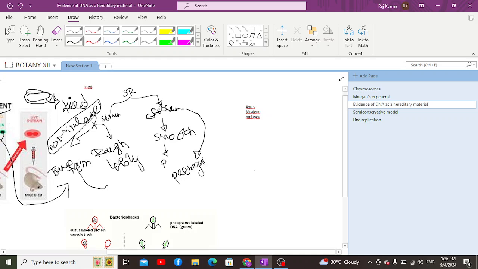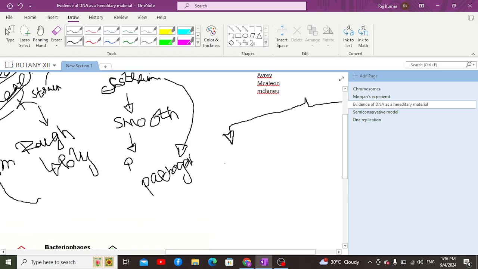When it comes to the experiment, they performed the same experiment which was performed by Griffith. But what they did was that they modified the culture.